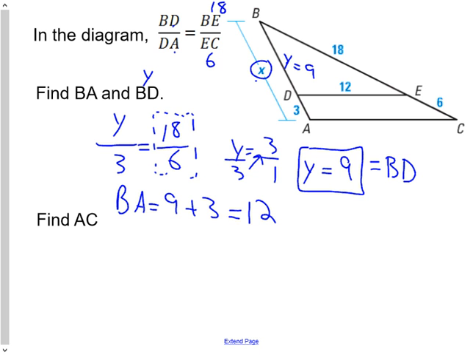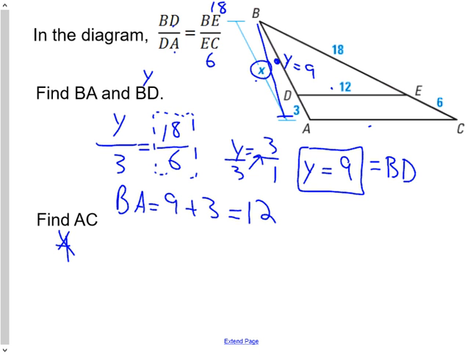Next, it says find AC. Okay, so what we have here is, we haven't really gotten to this part yet, but this is going to be coming up soon. What's going to happen is we can compare this side, 12, versus the whole side x, to AC.